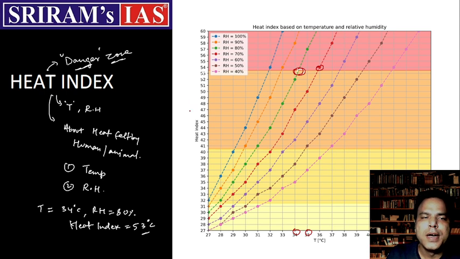So the higher the temperature and the higher the humidity, the more the heat index increases, and it becomes unbearable. That is the reason coastal areas with high temperature and high humidity have a higher heat index than tropical areas. That means a 35-degree temperature is more dangerous than a 45-degree temperature if the humidity is high.